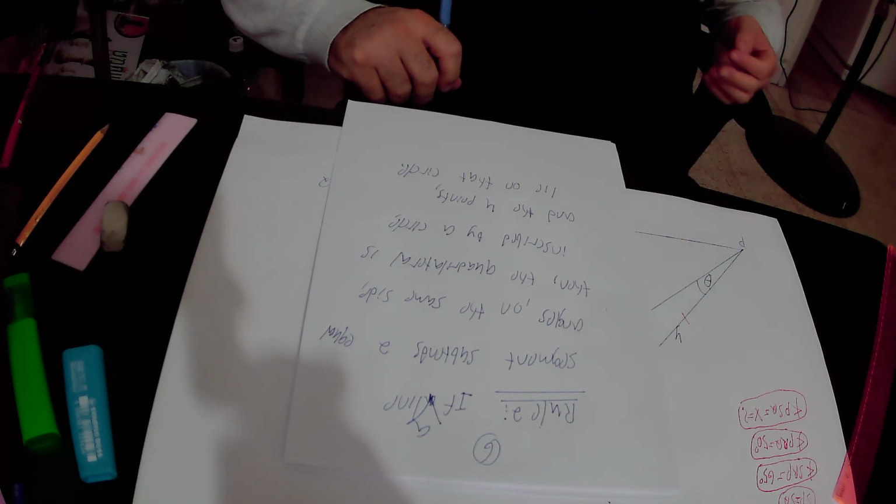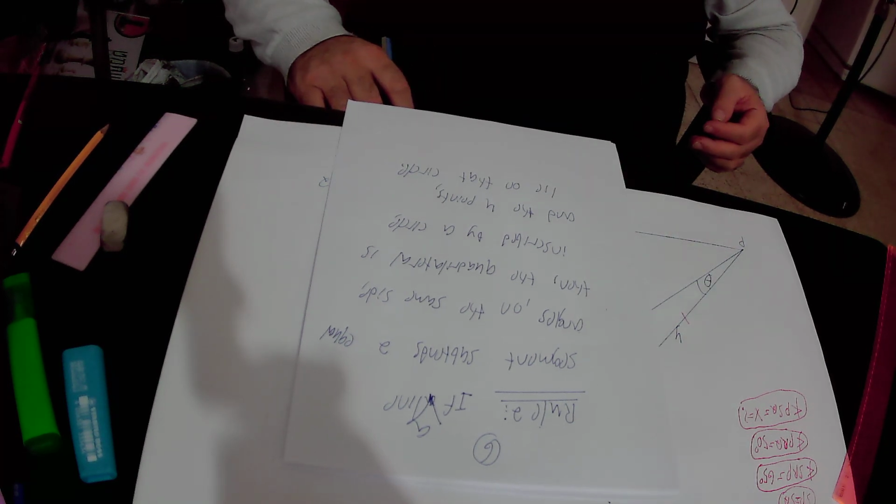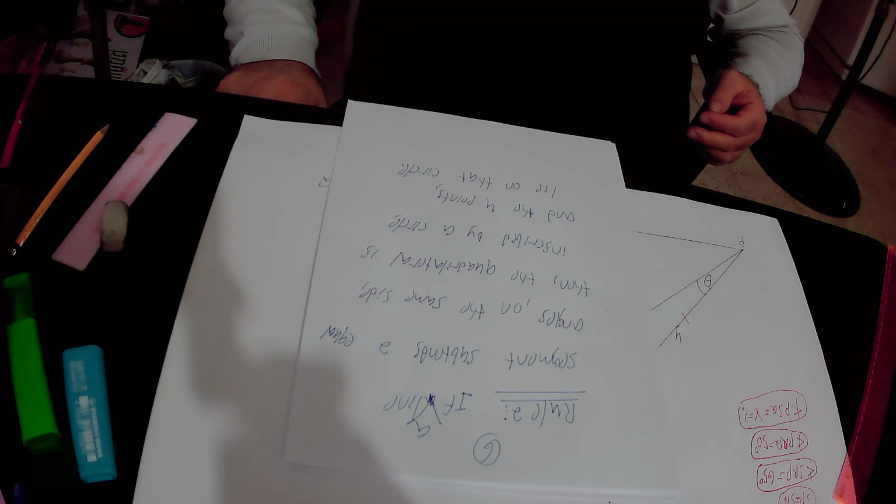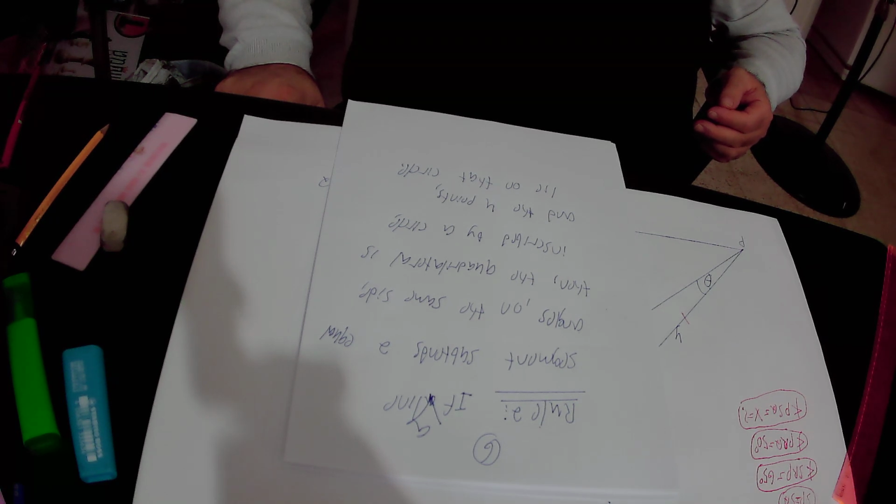I will read rule number 2 again. Rule number 2 states that if a line segment subtends two equal angles on the same side, then the quadrilateral is inscribed by a circle and the 4 points lie on that circle.